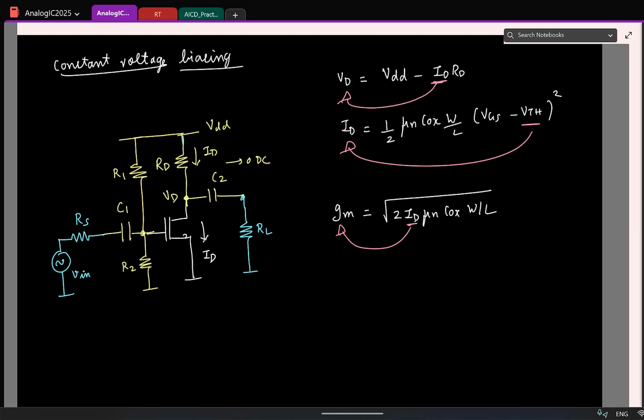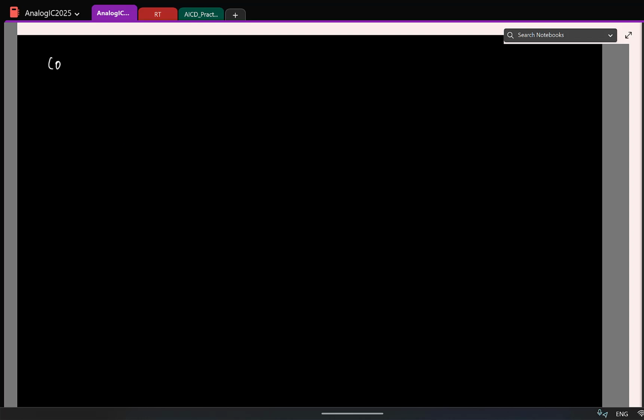And that's why we prefer this kind of biasing, where we try to fix the current to be constant, and that's what we call constant current biasing, where my goal is to make sure that my drain current is equal to some reference current of, I don't know, some value like 100 microamps. Let's see how we can accomplish that.